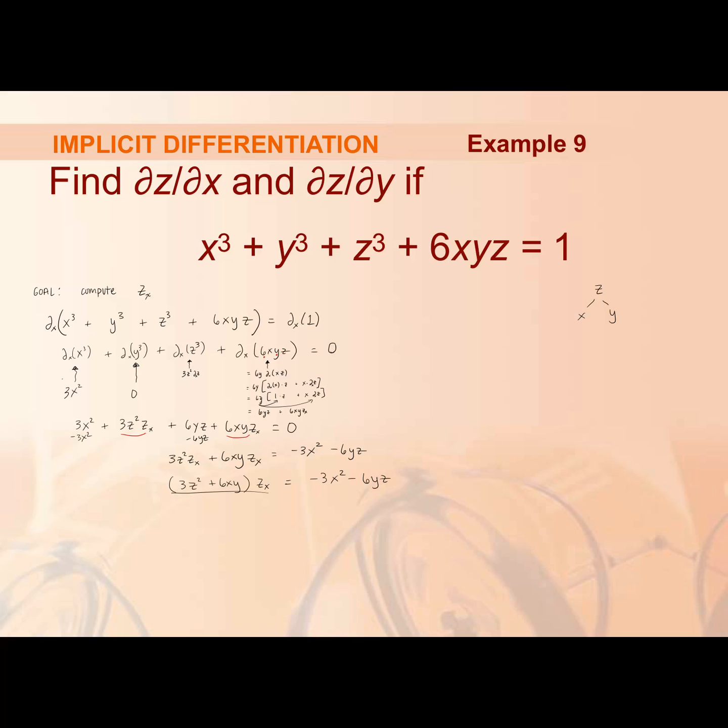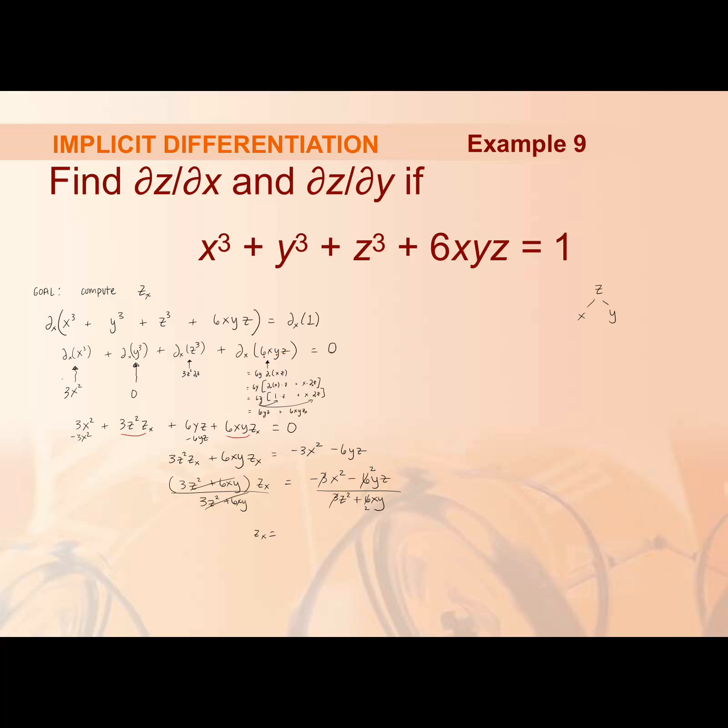So I can divide both sides by 3z squared plus 6xy. And I end up with z_x equals, now on the right, I actually can simplify because each of these coefficients is divisible by 3.